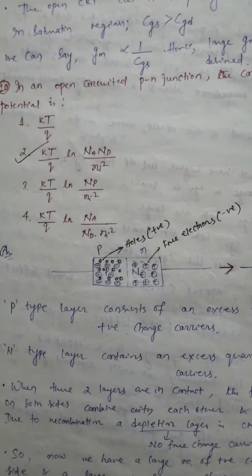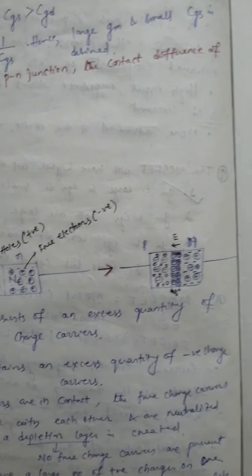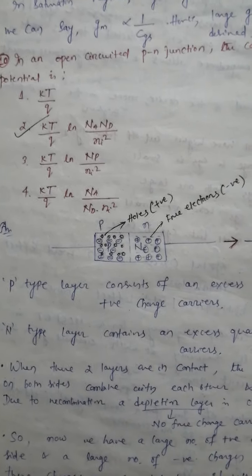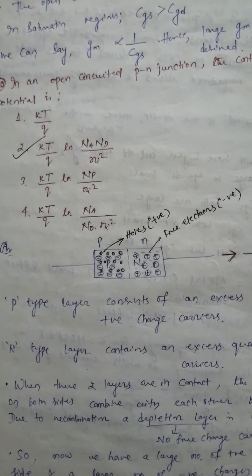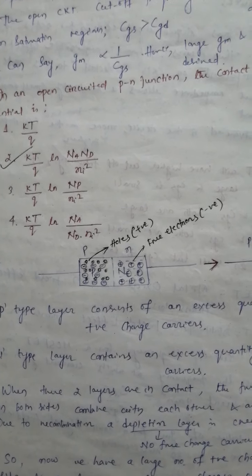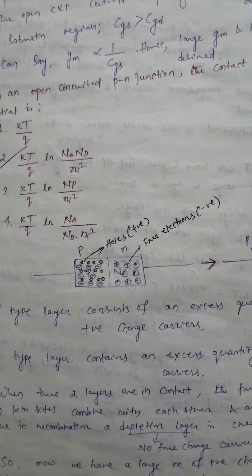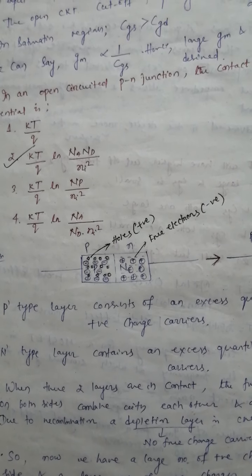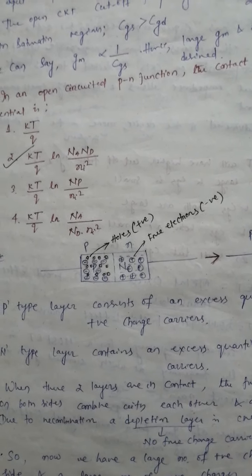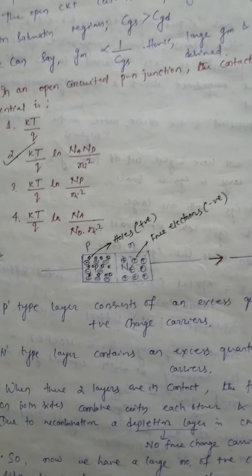Question number 10 is, in an open circuited PN junction, what is the contact difference potential? Option 1, KT by Q. Option 2, KT by Q ln NA times ND divided by Ni square. Option 3, KT by Q ln NP divided by Ni square.